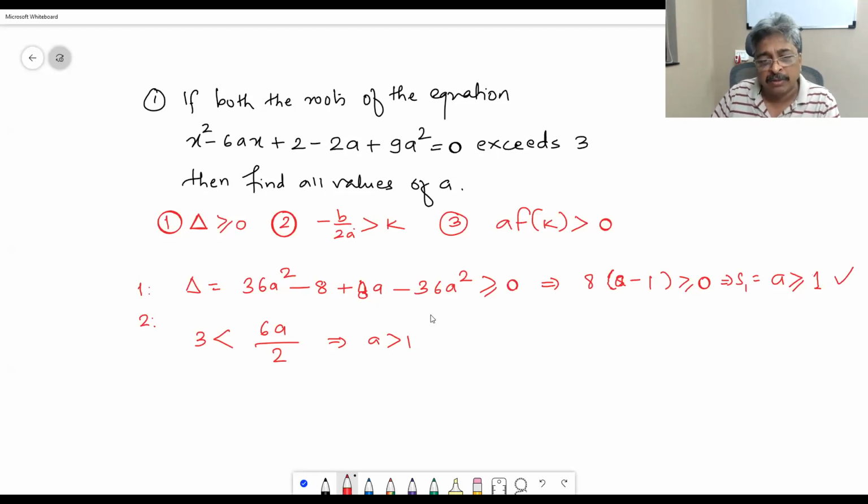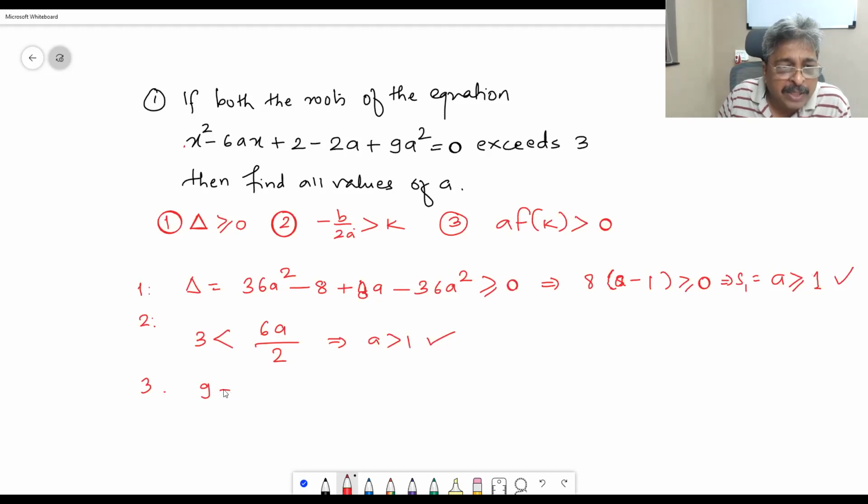But there is one more condition, my dear students. Third condition, a of f of k. Put 3 wherever x is. Multiply by a, which is 1. Multiplying by 1 does not make any difference. Anyway, it is opening a forward parabola.